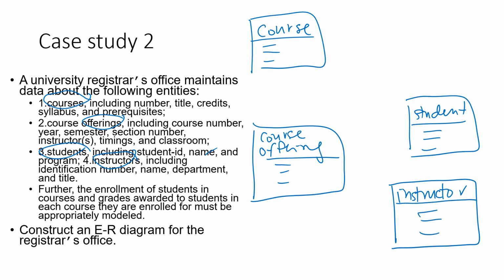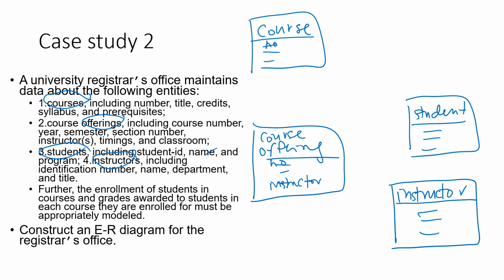From the list of attributes for course: number, title, credits, syllabus, and prereq. I guess this is a course number. Then course offering: course number, year, semester, section, instructor, timings, and classroom.